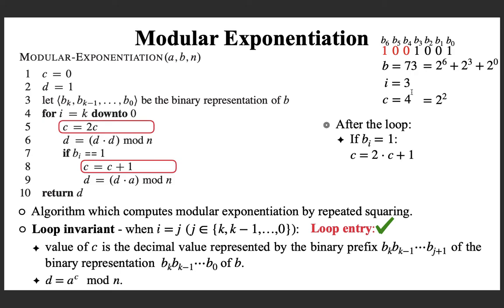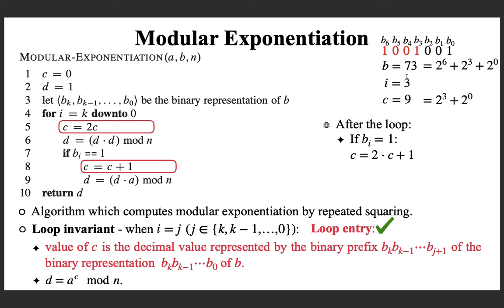Then in the new case we are claiming that it will be 2 into c plus 1. 2 into 4 plus 1 is 9, which is exactly the value represented by the binary string when you take the next bit as well. This is a very well known result. If you left shift a binary string and put a 1 in this position, then the new value will be twice the existing value plus 1. That is what you know, and you are verifying it.